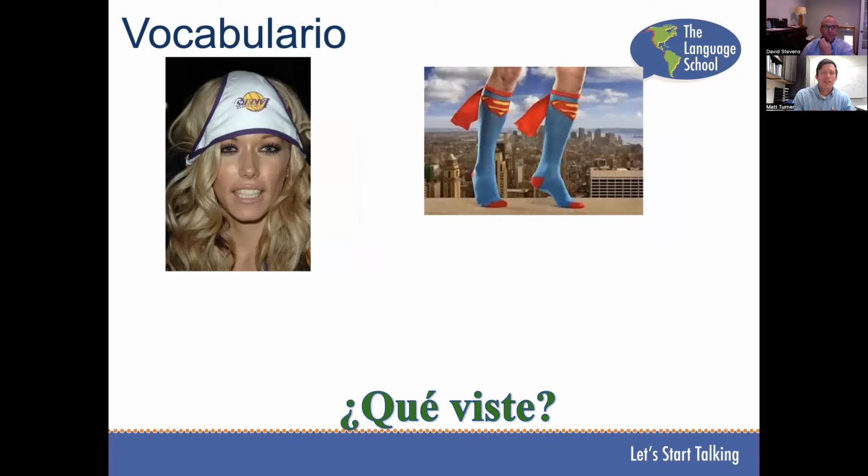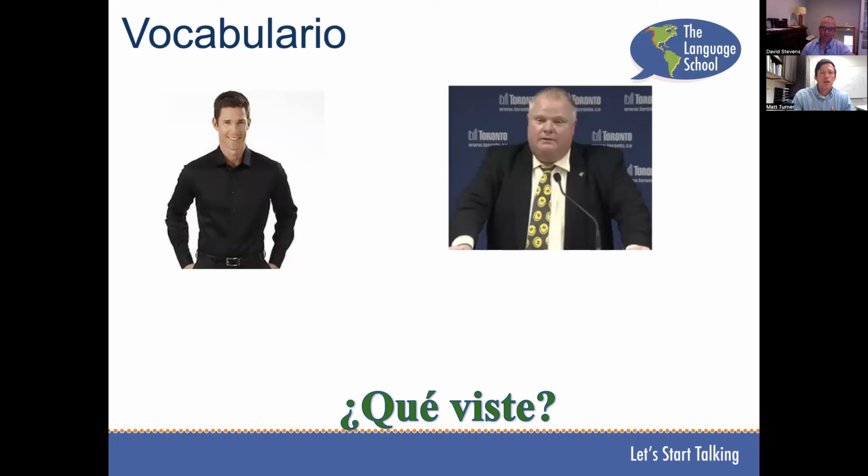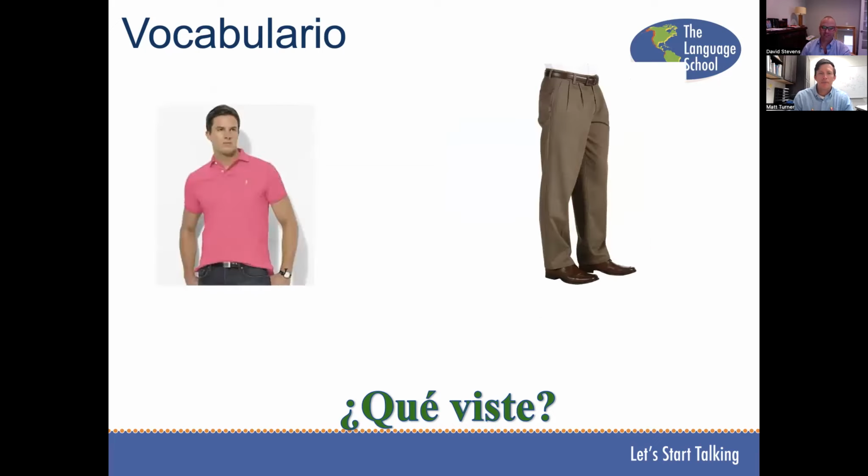¿Qué viste? Viste ropa interior. So you just say, viste ropa interior. Nothing before it. ¿Qué viste? Viste unos calcetines. ¿Qué viste él? Él viste una camisa. ¿Y él? Viste una corbata. ¿Y él? Viste un pollo.